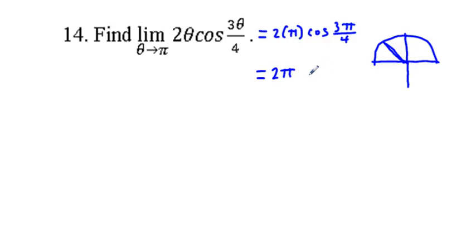So our cosine of that is going to be negative square root of 2 over 2. And so the 2 over 2 cancel each other. So our answer for this one is going to be negative square root of 2 pi. So that's our answer for number 14.